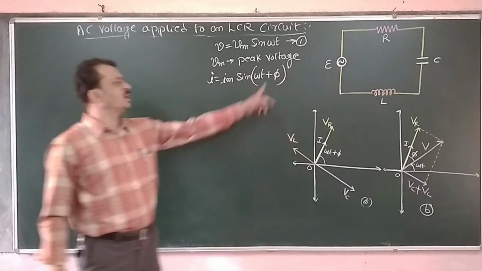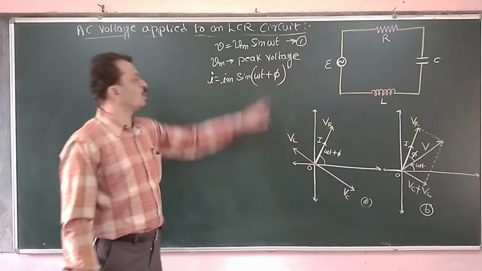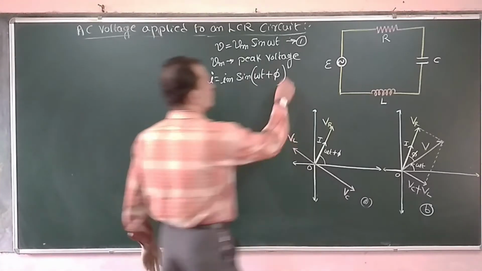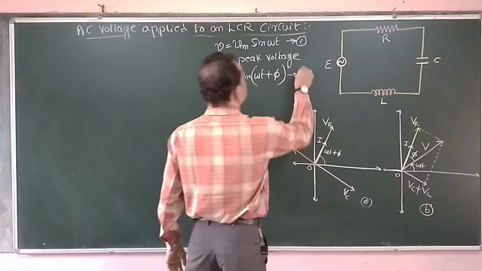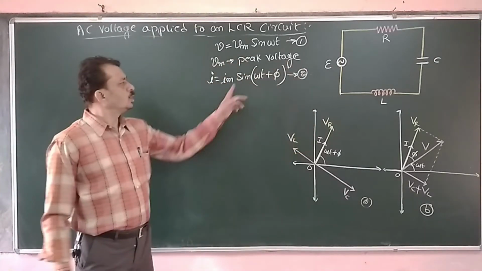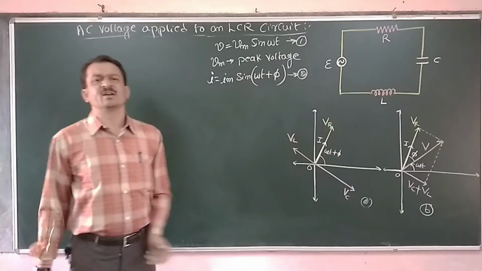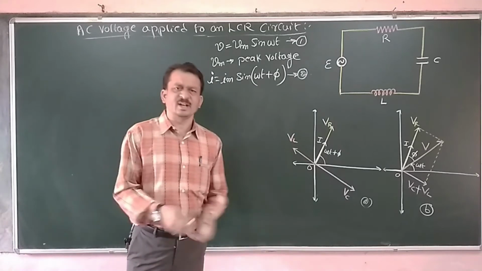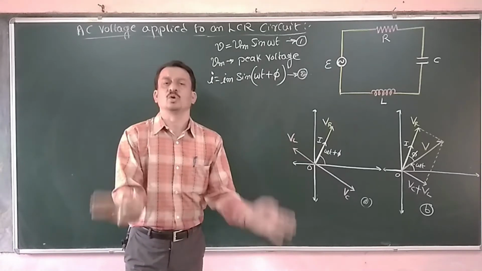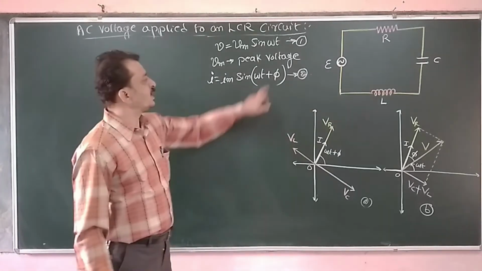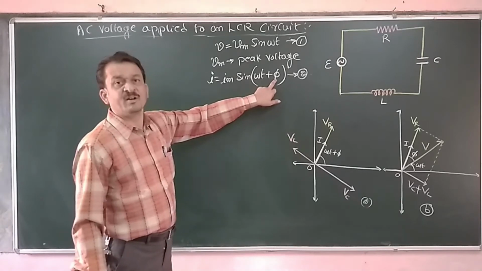We are introducing a phase component plus phi, because we don't know whether the current is leading or lagging, or by how much. For that purpose, we are taking a phase constant phi.